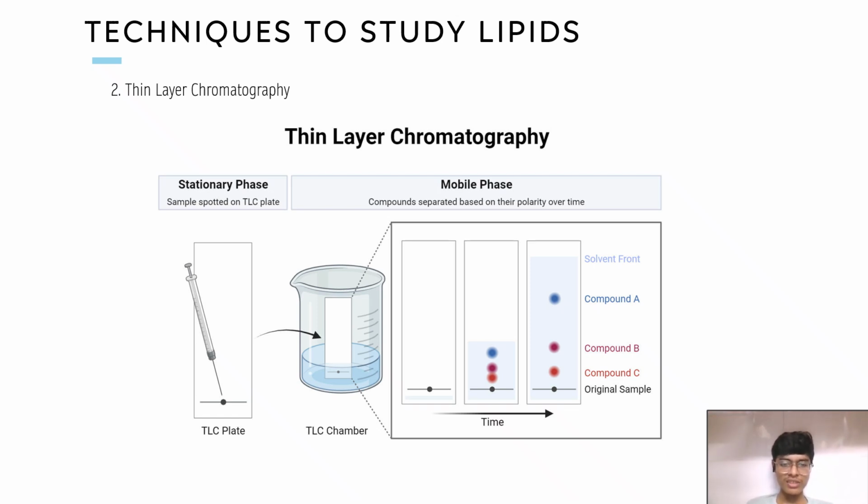As the capillary action proceeds and the molecules are separated, compound C may have the highest polarity and compound A the lowest. So this can be used to separate the lipids.